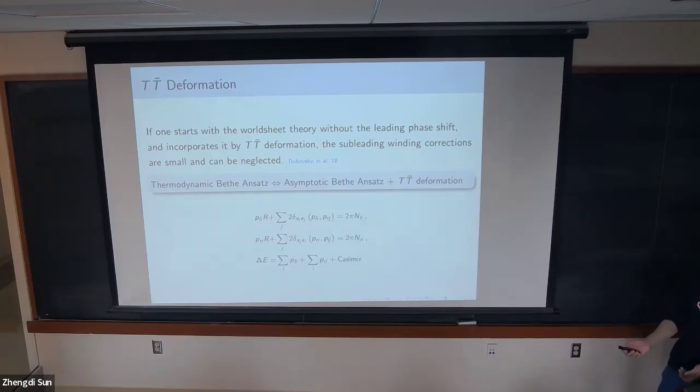And this is just some algebraic equations that can be solved very easily. So with this asymptotic Bethe ansatz, we get the spectrum of the theory that does not have the integrable phase shift, and then we put back the integrable phase shift by doing the TT-bar deformation to the spectrum we obtain using these formulas. So this is a systematic way of simplifying the thermodynamic Bethe ansatz.